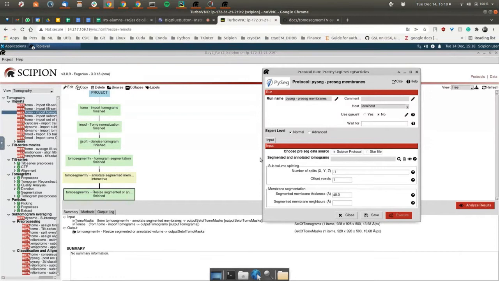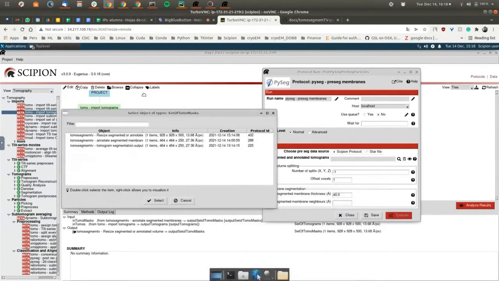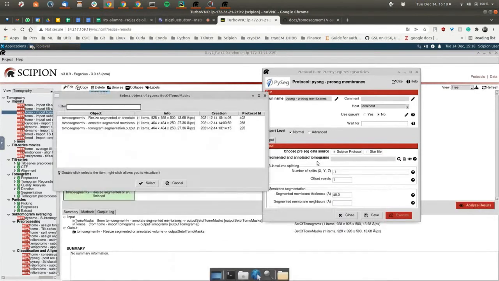The first input must be the segmented and annotated tomograms. In our case, I think this should be a mistake, because they have to be the tomo masks. Maybe it's a typo. So let's use the output of the Resize, which are the tomo masks.